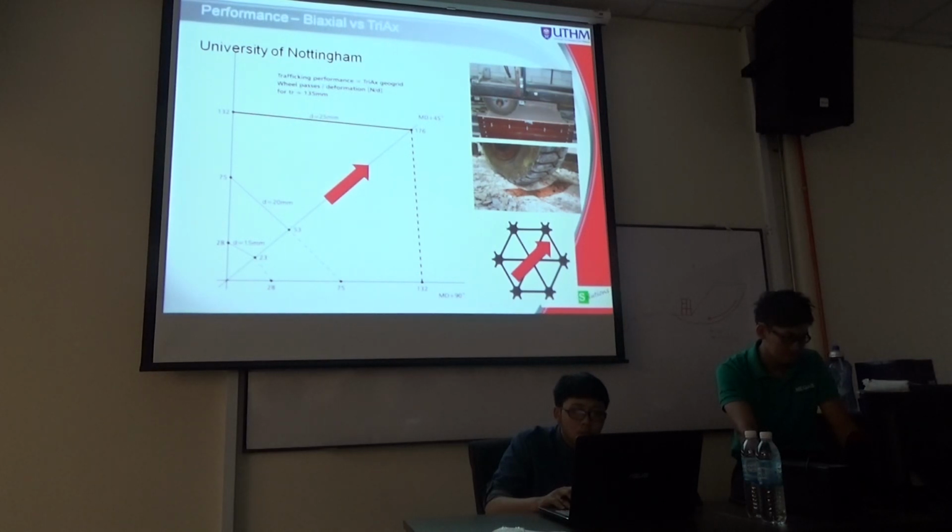So obviously, compared to the biaxial geogrid, it improved from 30-odd passes to 176 passes. This shows the importance of the grid performing in multiple directions.